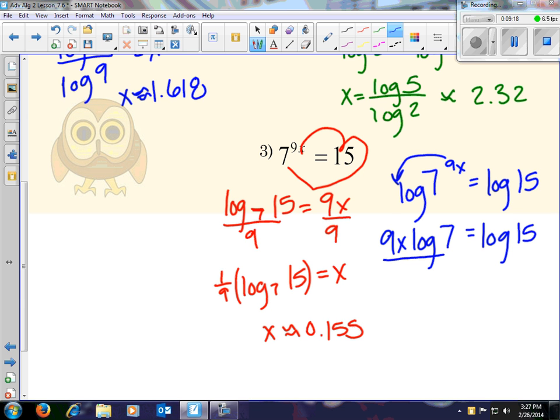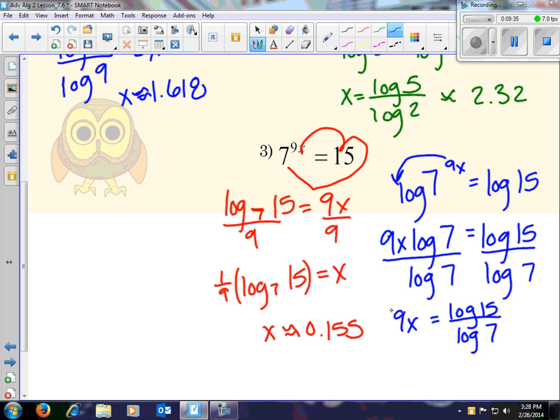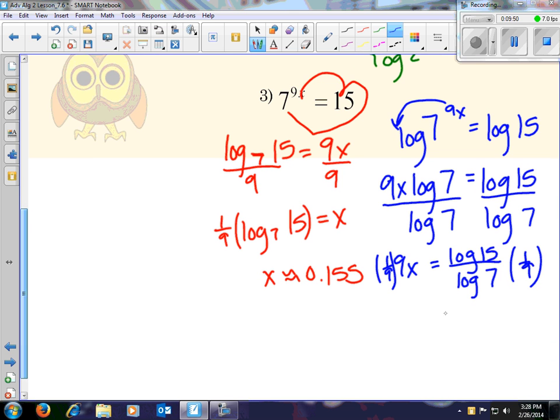Now I can divide both sides by log of 7. So then I'm left with 9x is equal to log of 15 over log of 7. Now I need to get rid of my 9, so one way I can do that is to multiply by 1/9 on both sides. So then I have 1/9 of log of 15 over 7.